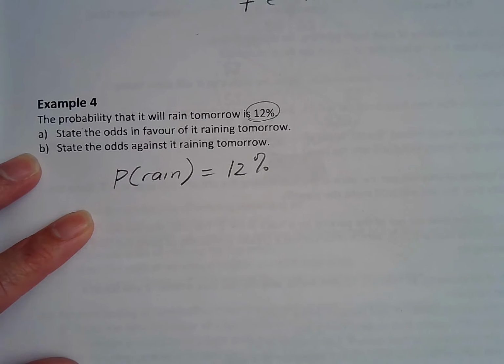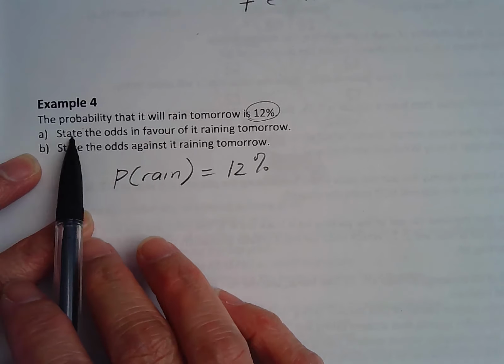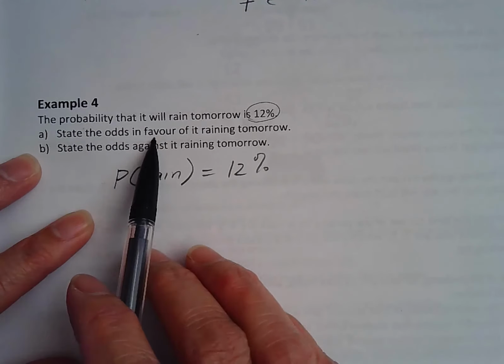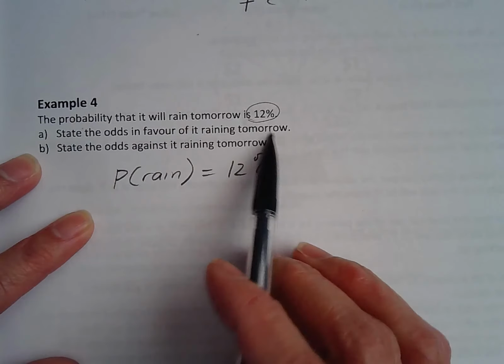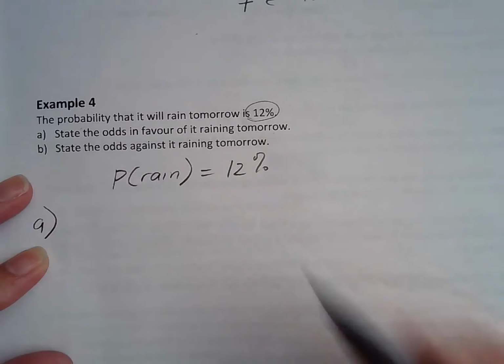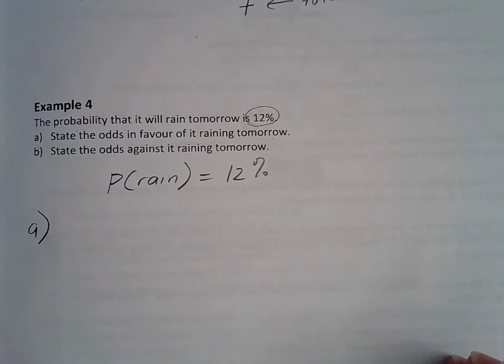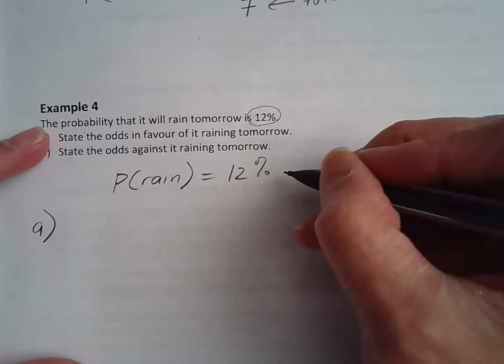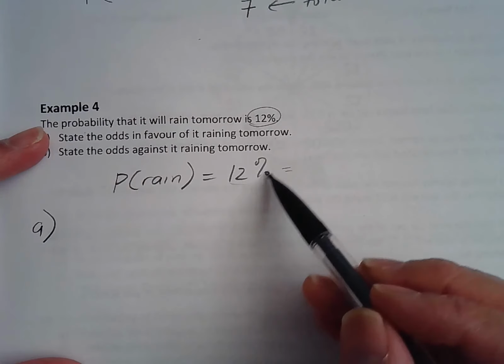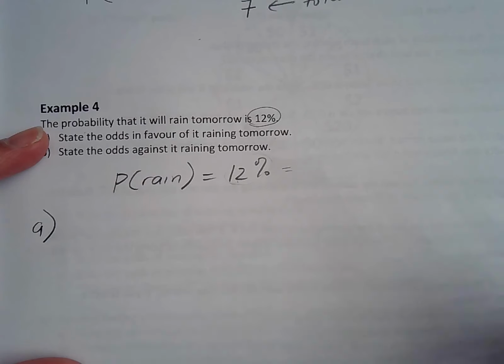Okay. So state the odds in favor that it's going to rain tomorrow. What we can do is change the percent into a decimal, into a fraction.